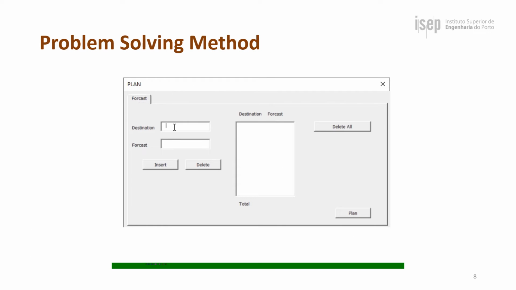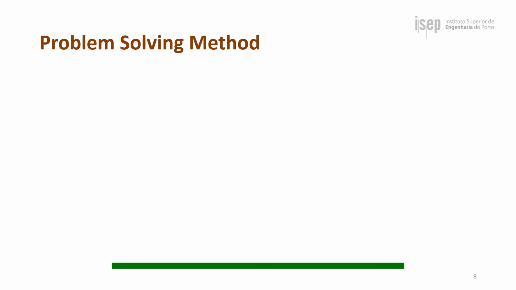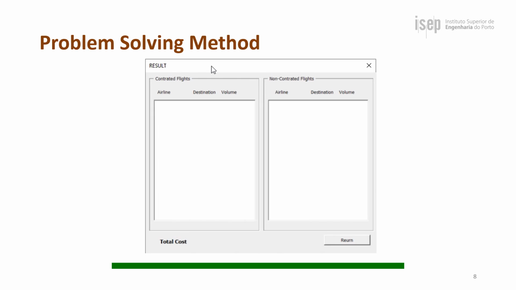To obtain a solution to the problem, an application was developed. This application is relevant since currently the problem is solved by experts without any planning assistance. The input required is the volume to be transported to each destination. All other variables are related to contracts made and must always be updated by the quality department.